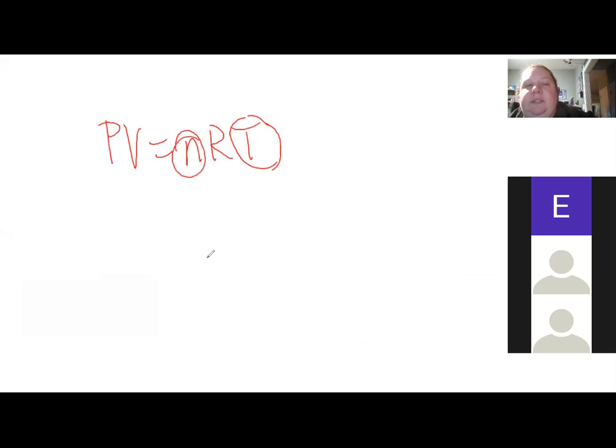Let's assume they all have the same moles. R is going to be the same for all of them. If we're trying to figure out volume, the pressure on container B is twice as big as anything else, right? So if its pressure is twice as big, then its volume is going to be half the volume of everything else.